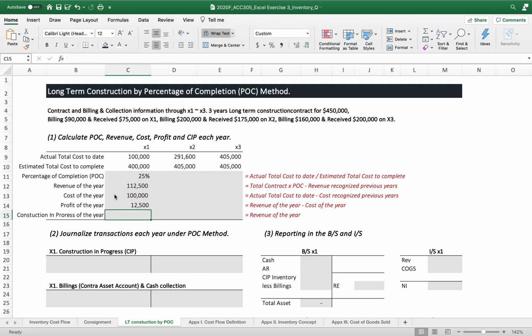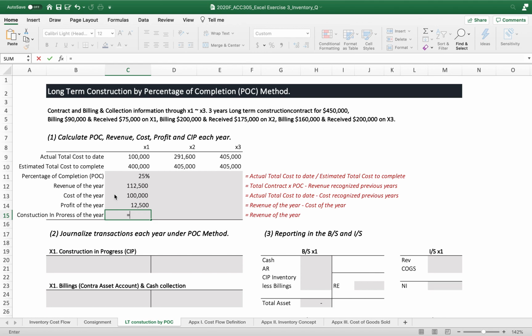And then construction in progress of the year. Okay, the point is the inventory value the company can recognize is the same as the cost plus profit. Cost plus profit is then going to be converted to the revenue as well, because cost plus profit is also the same as the revenue.